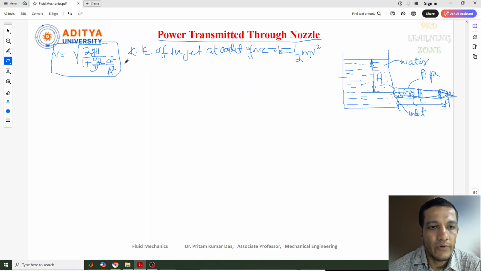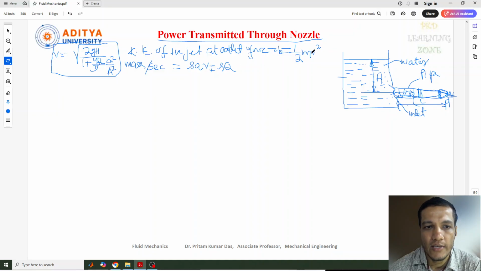We can identify the mass of liquid at the outlet of the nozzle per second. This we can write as rho A v, or we can say this is rho Q. Either one we can write, rho A v or rho Q.